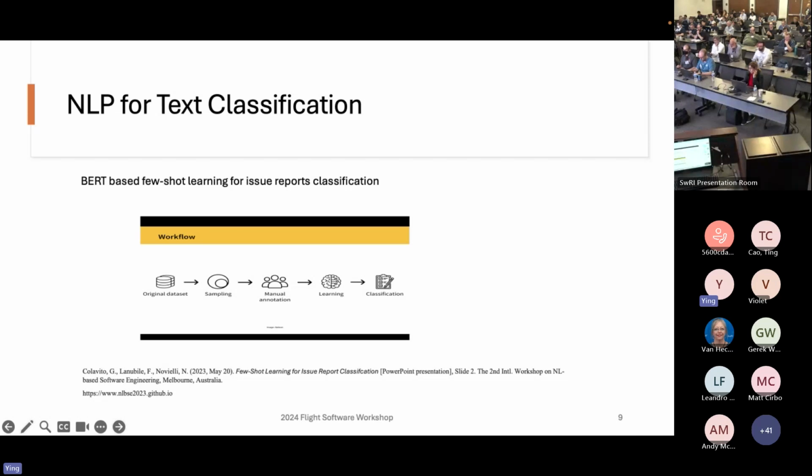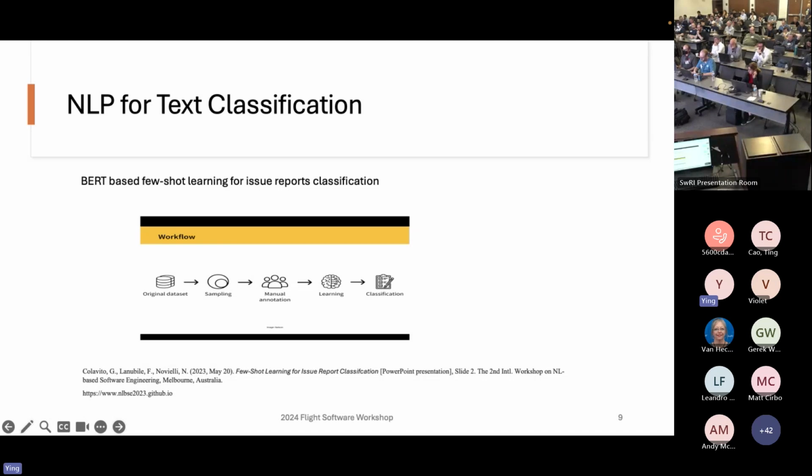Here we have a limitation: we don't have a large set of training data that we can use. So we could manually categorize a few cases, and we use a method called the few-shot version of BERT.